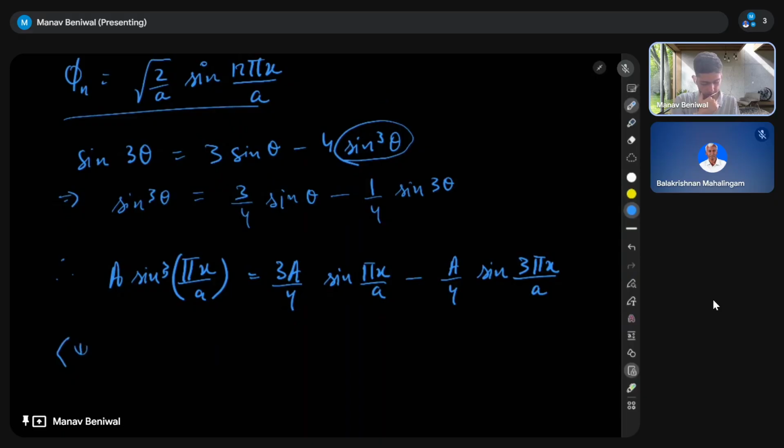So normalization condition is this. So this implies that this 9a square over... okay, no, before that let's write it in terms of the phi n.